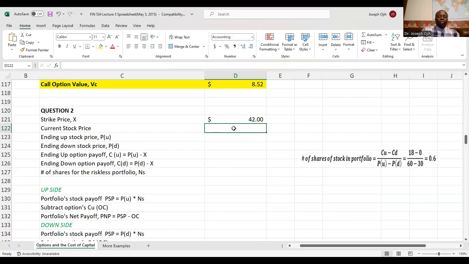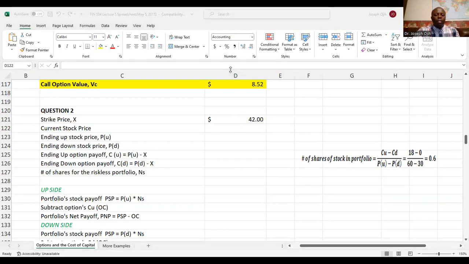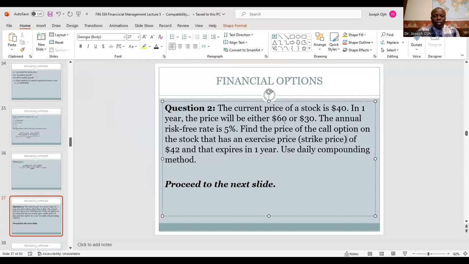Then I'll put the current stock price. The current stock price is $40, so I go and put $40.